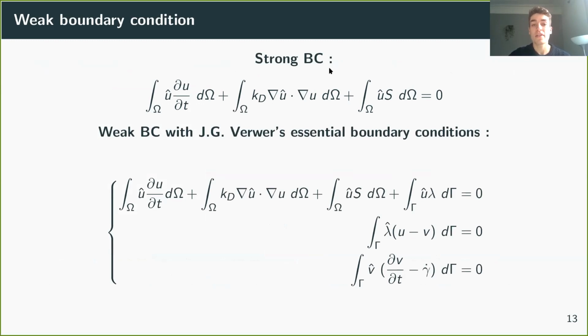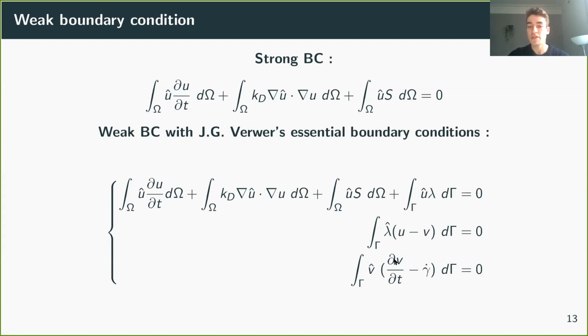Before, with the Dirichlet condition, we had the strong boundary formulation where Dirichlet terms appear here, but it's null. But now we impose the new differential equation using the Lagrange multiplier. We want to impose the value of U on the boundary equal to V there.